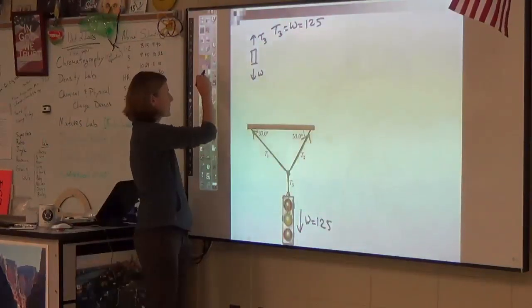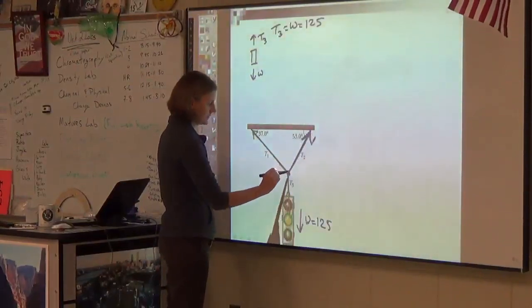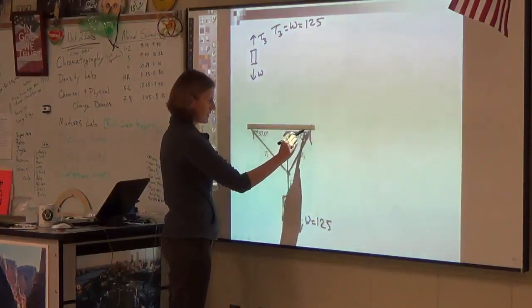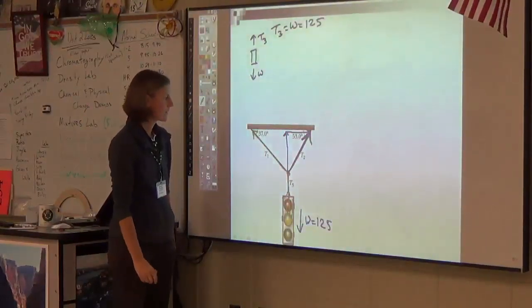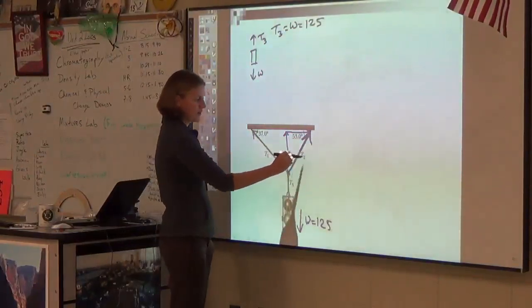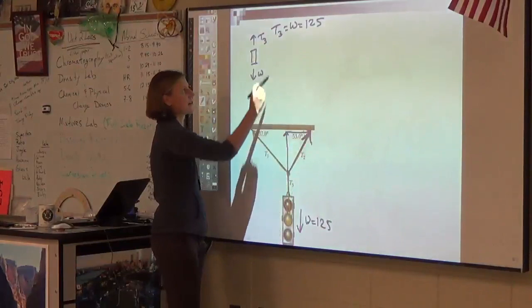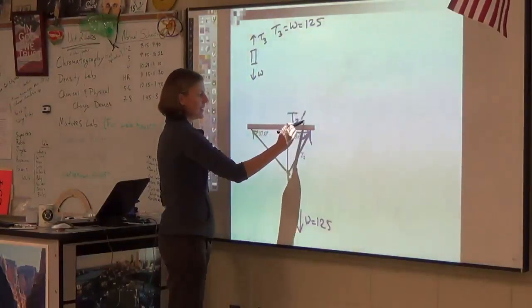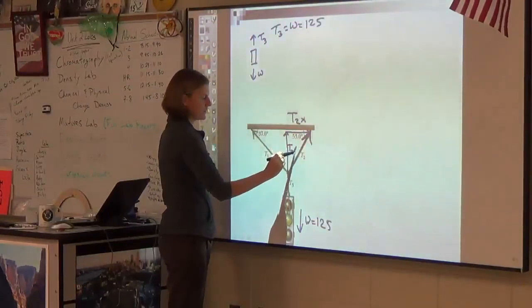And I'll go ahead and break them into components, since these are obviously at angles. We got T2, try to make this one green. And I don't know what T2 is, that's the point. I'm trying to find what T2 and T1 are. I've already figured out T3, but I'll call that T2X and T2Y.